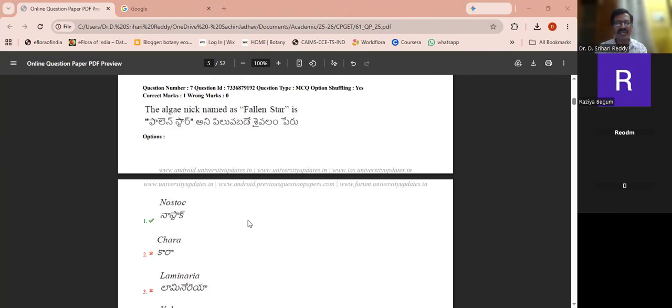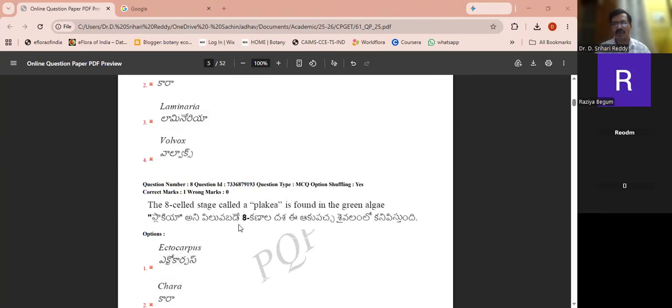Usually Nostoc has bead-shaped cells in a chain-like form. Those filaments are embedded in a mucilaginous ball structure. Usually they are seen fallen after heavy rain, observed on the surface of the earth. So they are named fallen star.